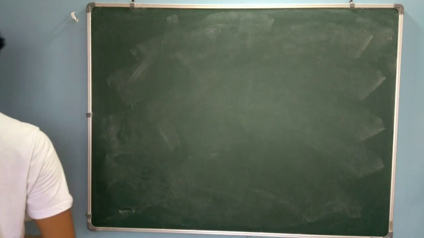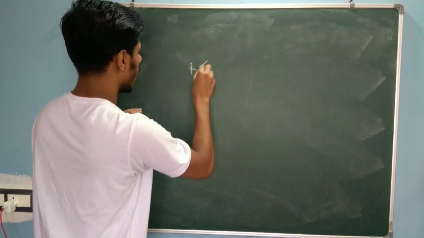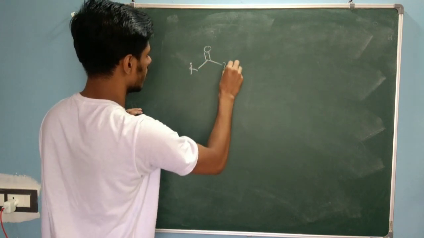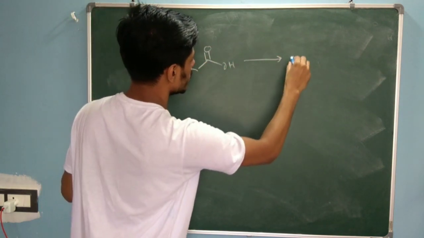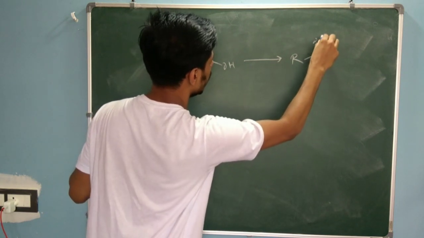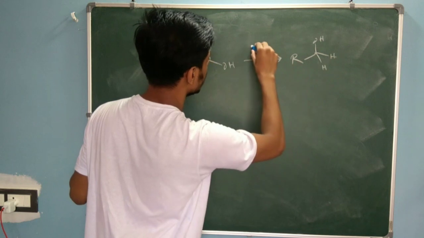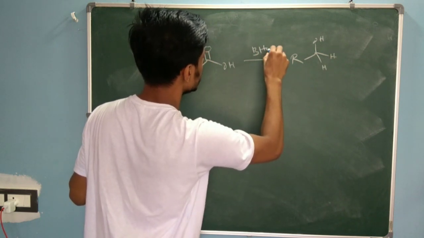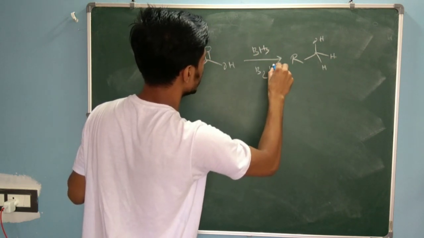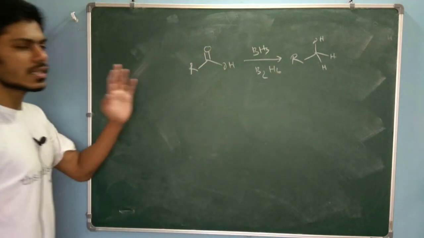So to reduce your acid to the corresponding alcohol or aldehyde, what we can use is BH3 or B2H6 we should write. So this is the choice of reagent.